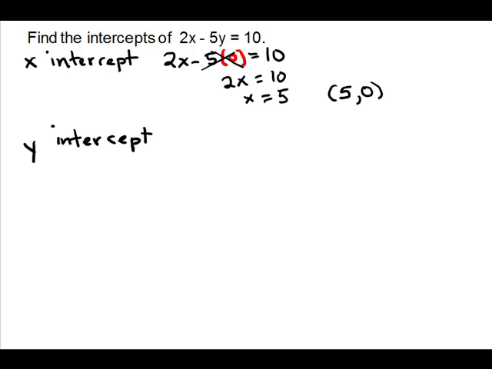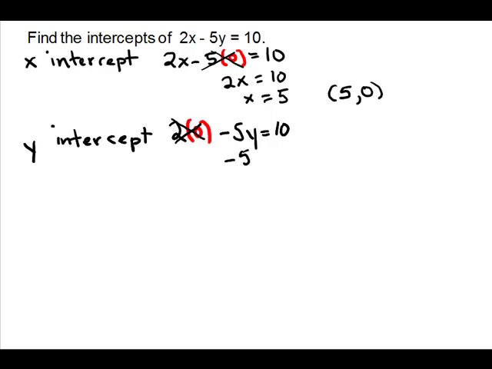Now let's find the y-intercept. We will need to substitute 0 into the x. So 2 times 0 is 0. That piece cancels out.